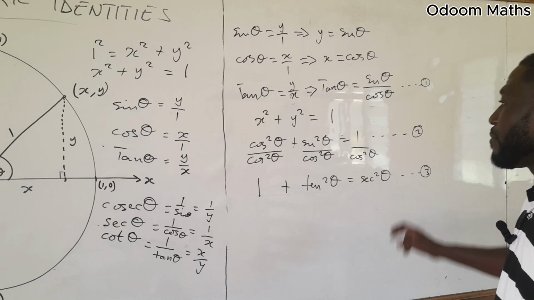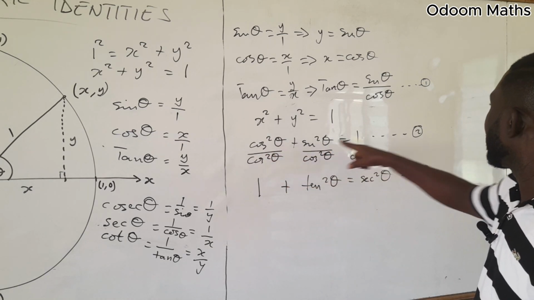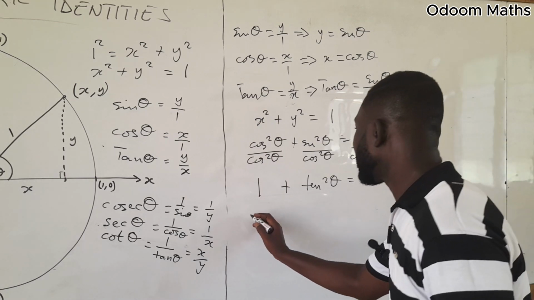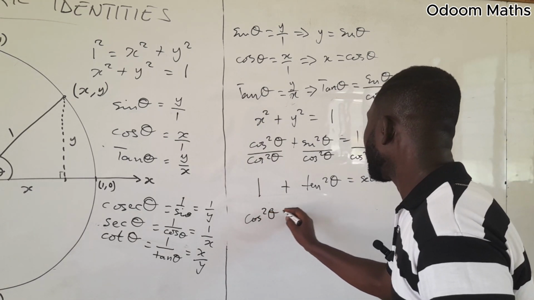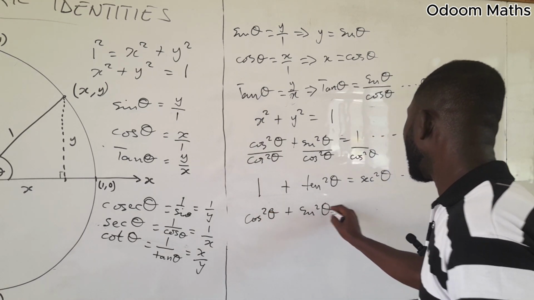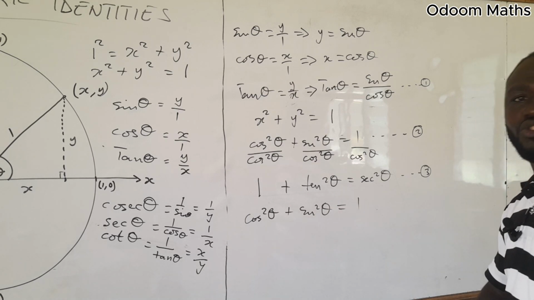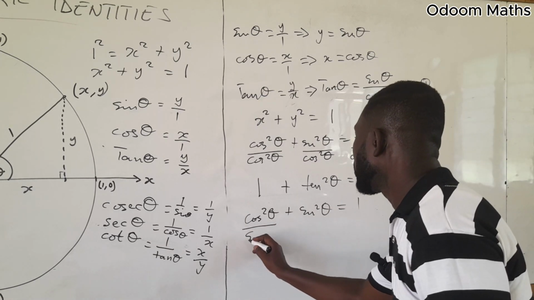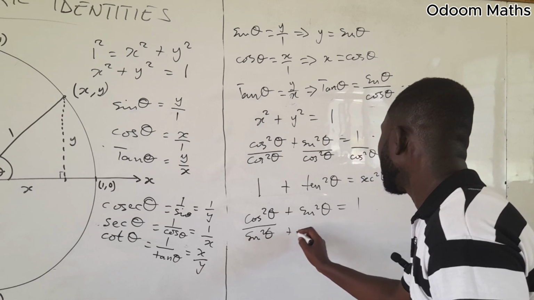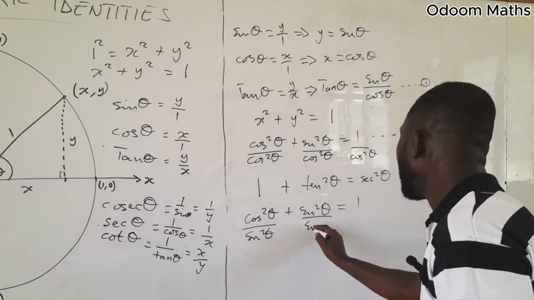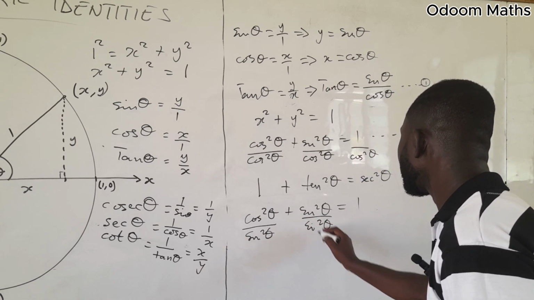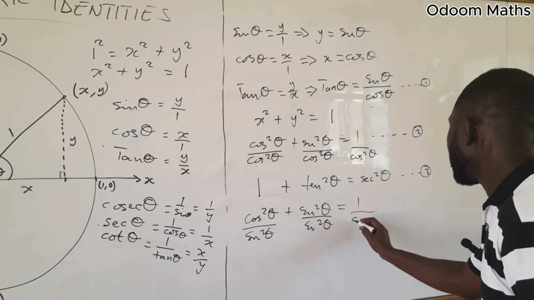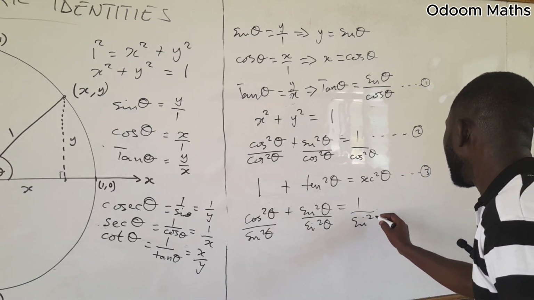This is another identity. Now let's take the same second identity, which I said is cos squared theta plus sine squared theta equals 1, and divide through by sine squared theta this time. So sine squared theta here, and then sine squared theta here.